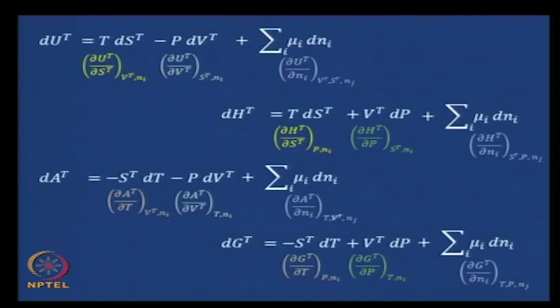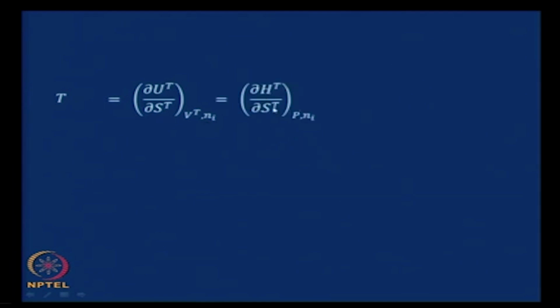If we put this all together in one place, we can say our temperature can be represented as the partial of Ut with respect to St at constant Vt, ni, or partial of Ht with St at constant P, ni.